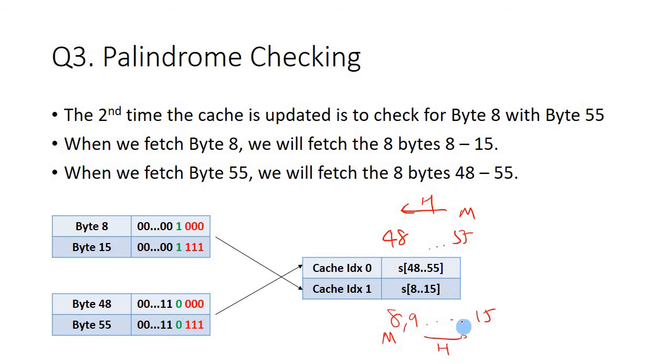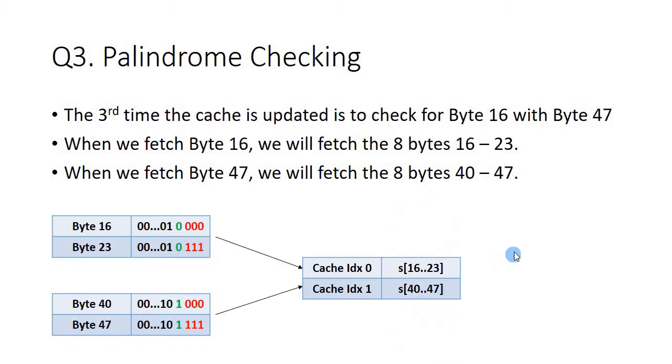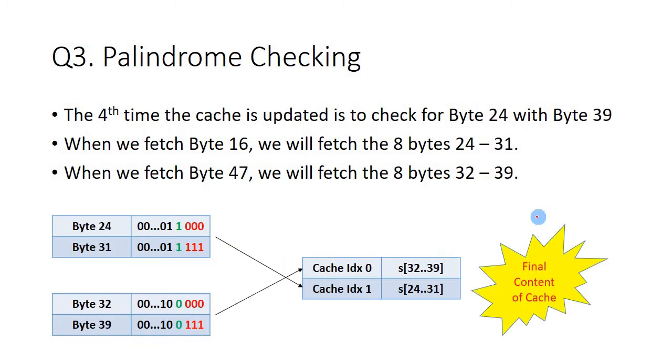So you can see that this pattern repeats itself again and again. So again I swap back, but it doesn't matter because the first access will be a miss. The subsequent 7 accesses will be a hit. And in the last update of the cache, this is how my cache will look.